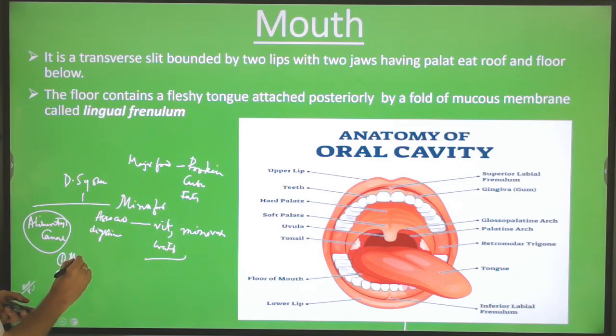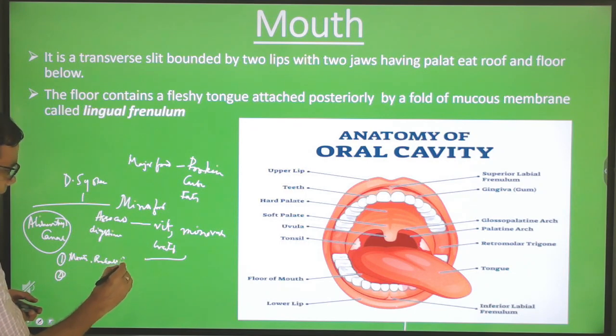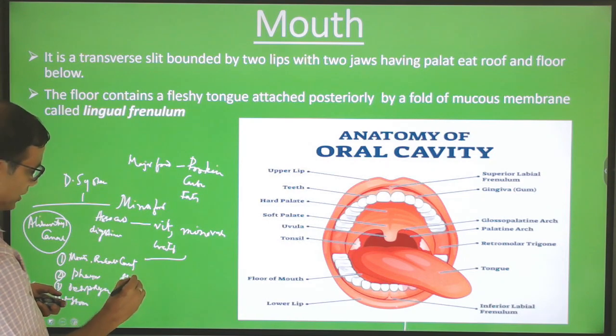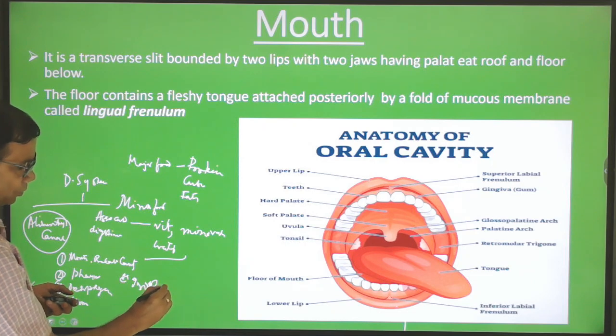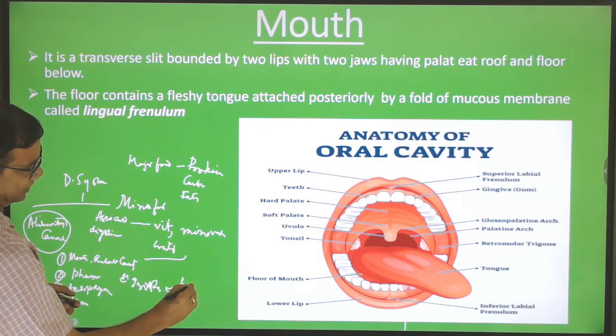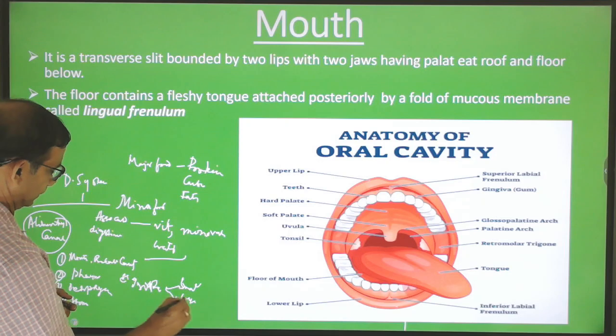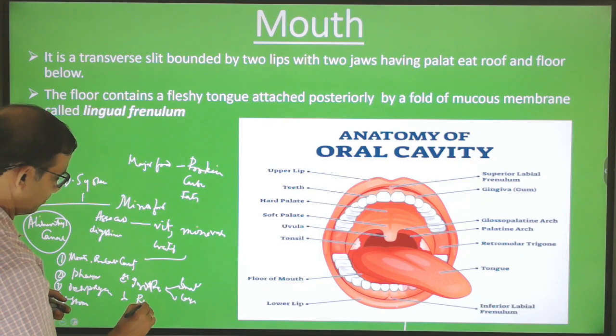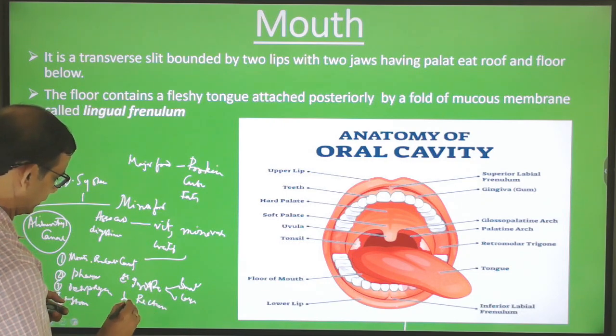The first one is the mouth and buccal cavity, then pharynx, then esophagus, then stomach, then intestine, which can be divided into two, small intestine and large intestine, then rectum, and the last one is anus.